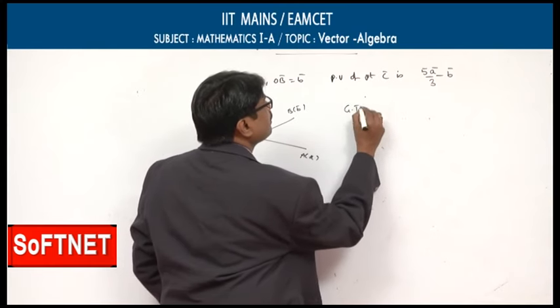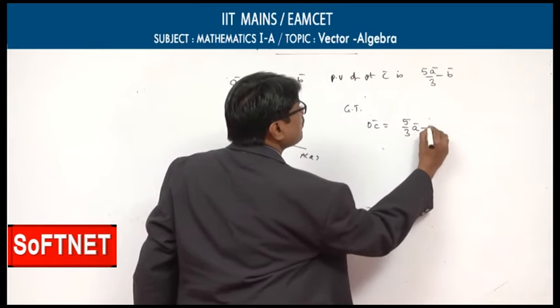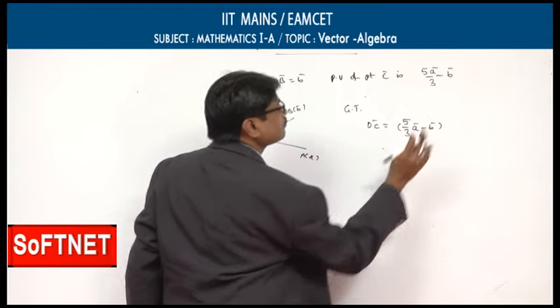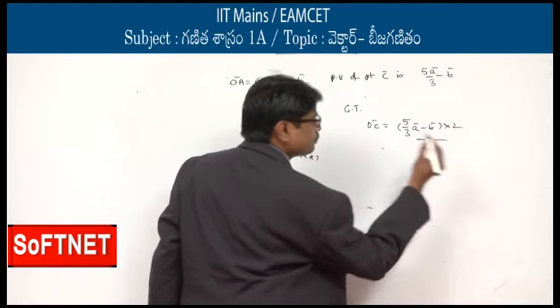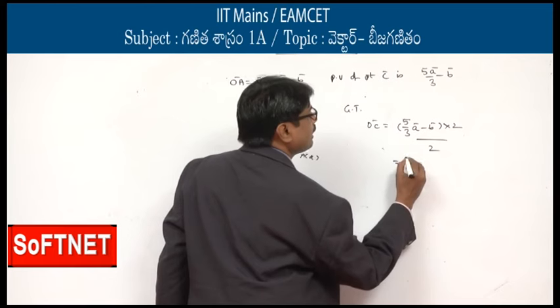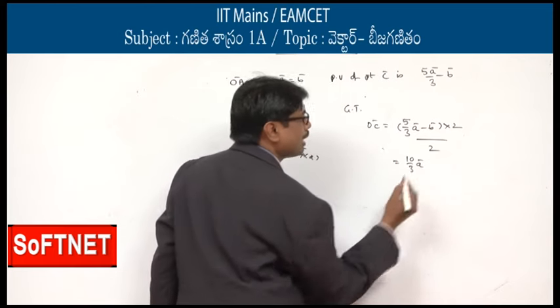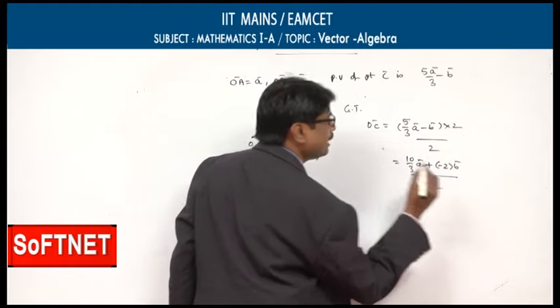Given that OC bar is equal to 5 by 3 times A bar minus B bar. To express in the midpoint form, multiply with 2, divide with 2. Then it will be 5 twos are 10, 10 by 3 times A bar plus minus 2 times B bar, divided by 2.